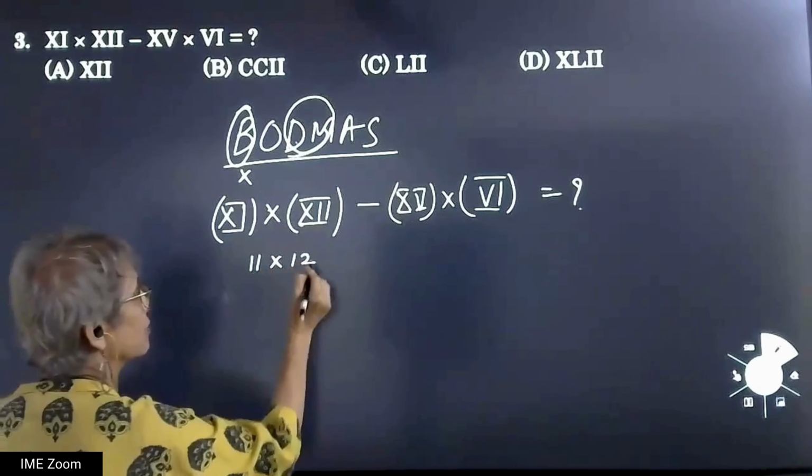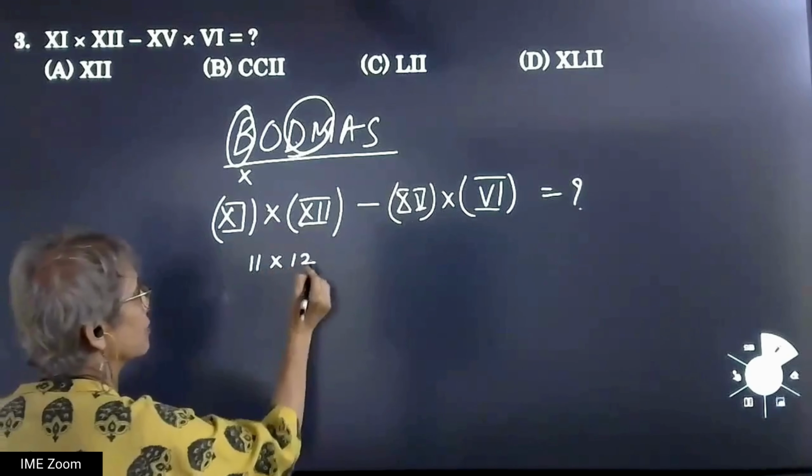So 11 into 12 is to be done first. At the same time, here it is 15 into 6. These two are to be solved first and then subtraction. So this is nothing but 132 minus 90. Now do the subtraction, the answer is 42. See, we have done subtraction in the last. First we did multiplication, simplified them, and the final answer is this.